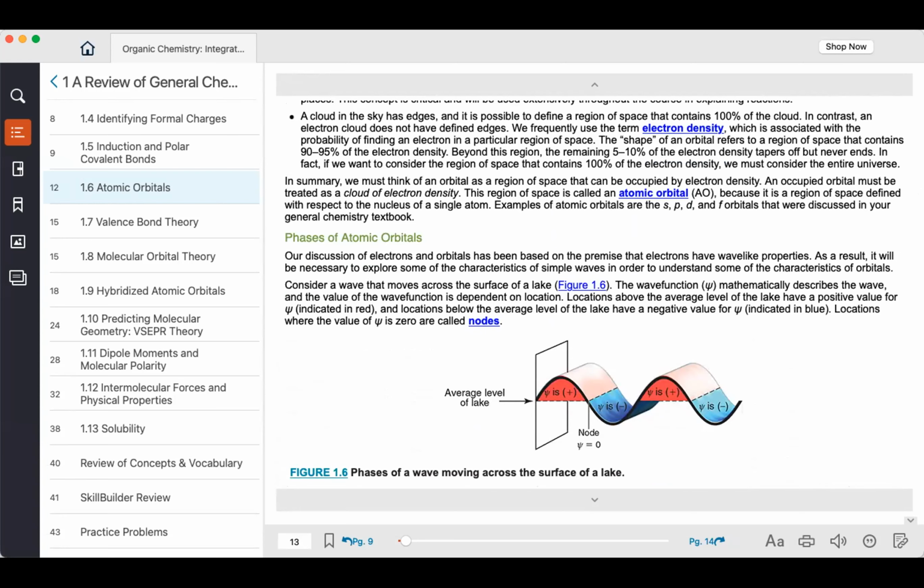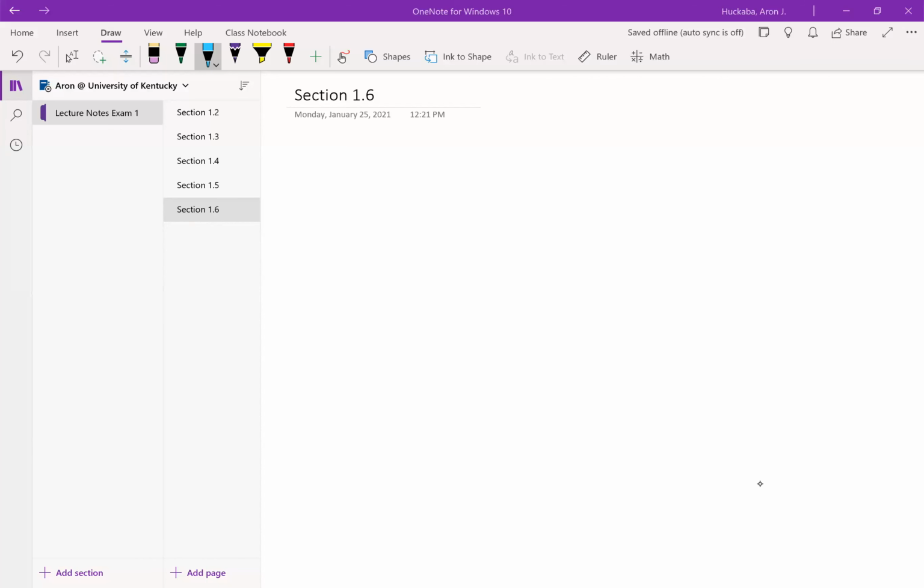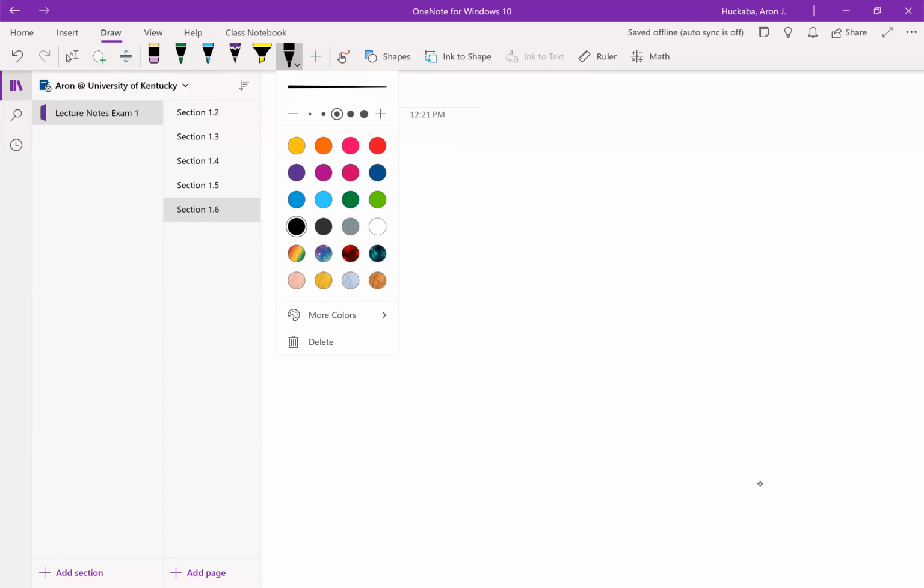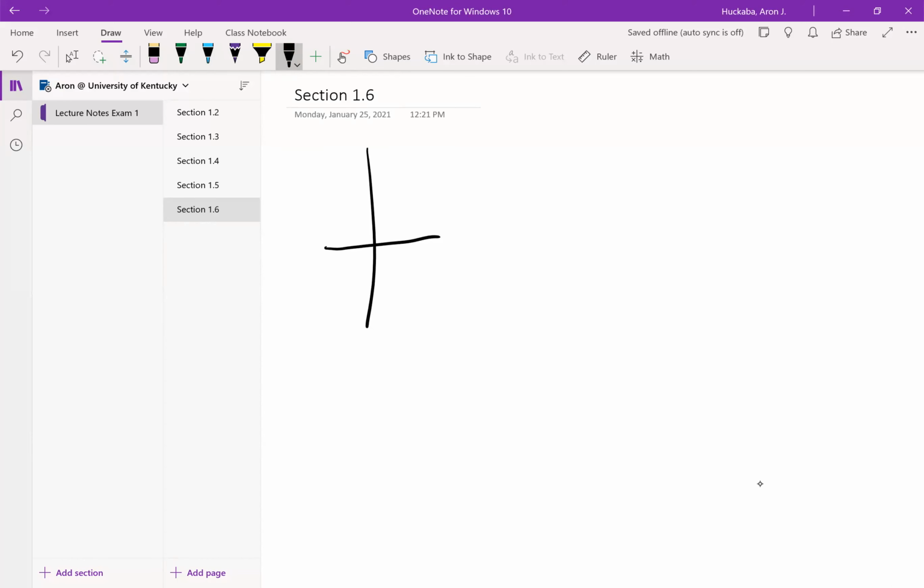I'm actually going to go over to the notebook here, because this is kind of key. So we have the x-axis, y-axis, and z-axis.